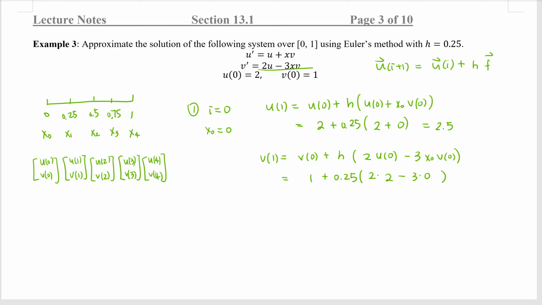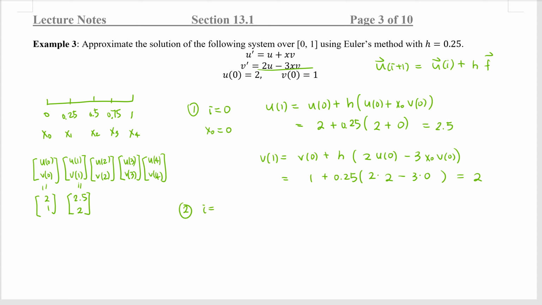So 2 times 2, 4, 4 times 0.25 is 1, right? Because 0.25 is 1 over 4, that times 4 cancels, we get 1. And then there's a 1 in front, so 1 plus 1, the answer is 2. So far, so good. This is given: 2, 1, right? And this one is 2.5 and 2. Alright, so that's the first step.